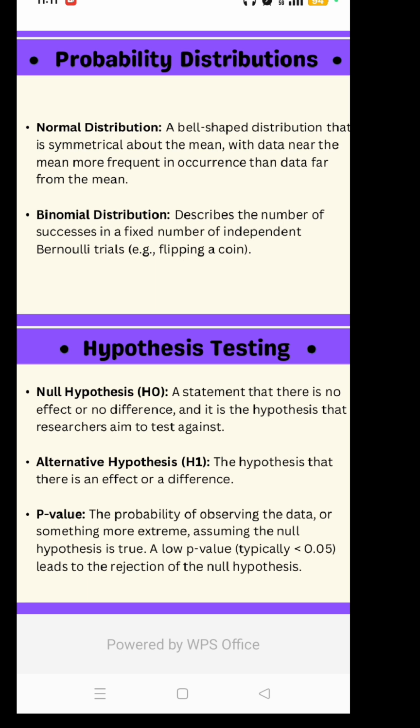A low value of p, typically less than 0.05, leads to the rejection of the null hypothesis. Based upon the p-value, we take a decision whether our hypothesis is true or false, whether we accept the hypothesis or reject it.